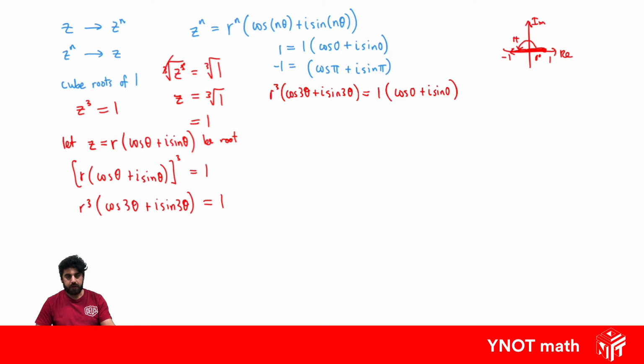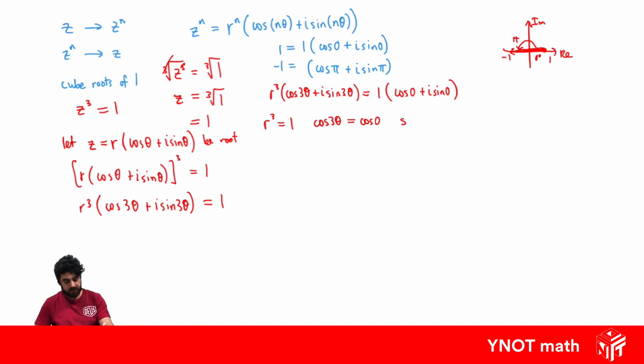And now we want to equate things on both sides of our equation. So we can say that r cubed must equal 1. We want to now equate our real part inside the bracket with our real part inside this bracket. So we can say that cos 3 theta must equal cos 0.